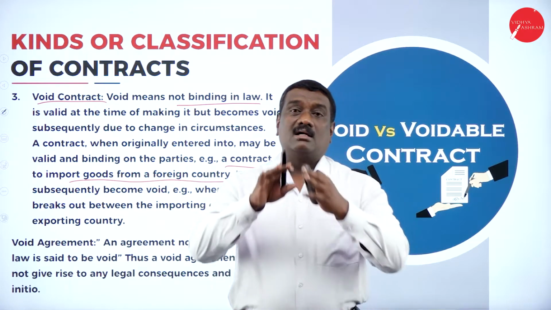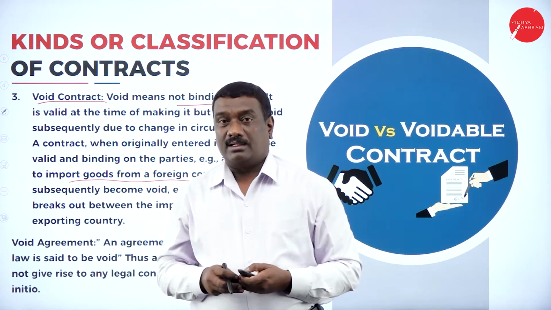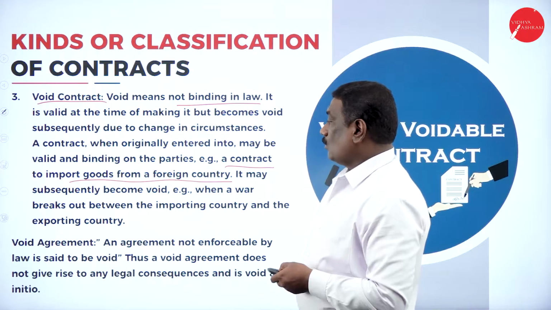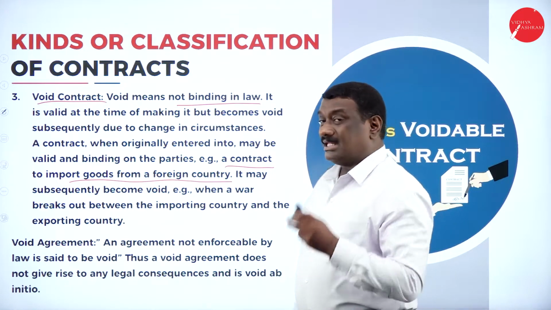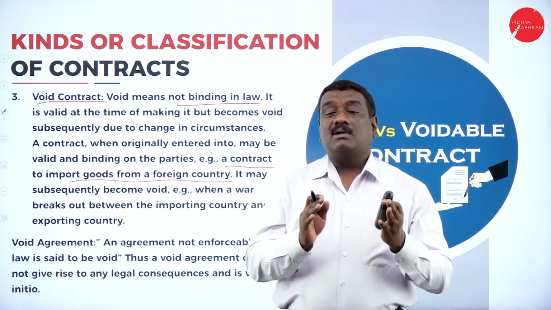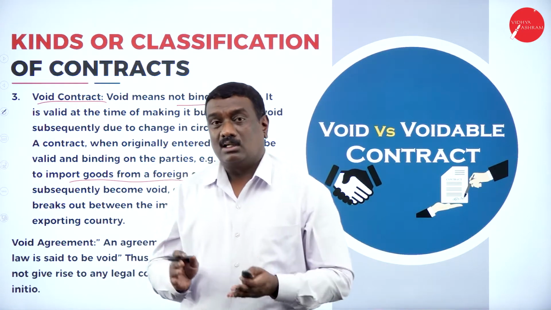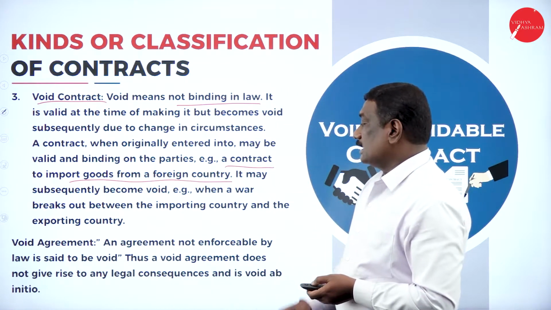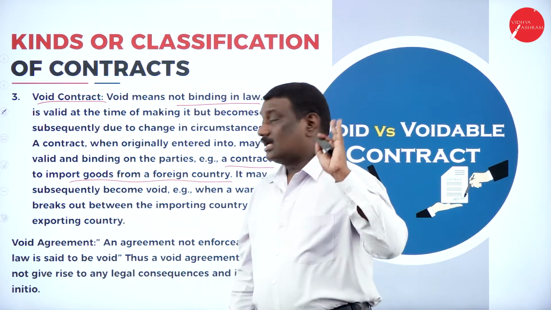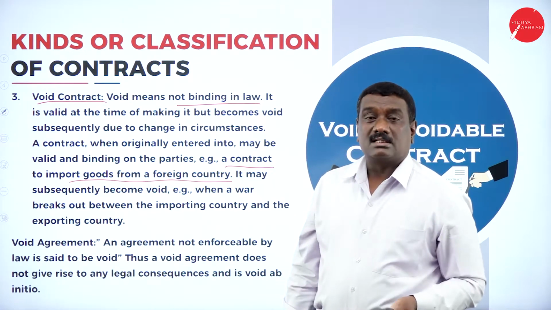So in that case, the contract becomes void. Now, what is a void agreement? A void agreement is one which is not enforceable by law. Any agreement which is not enforceable by law is a void agreement. Therefore, it does not give rise to any kind of legal consequences.